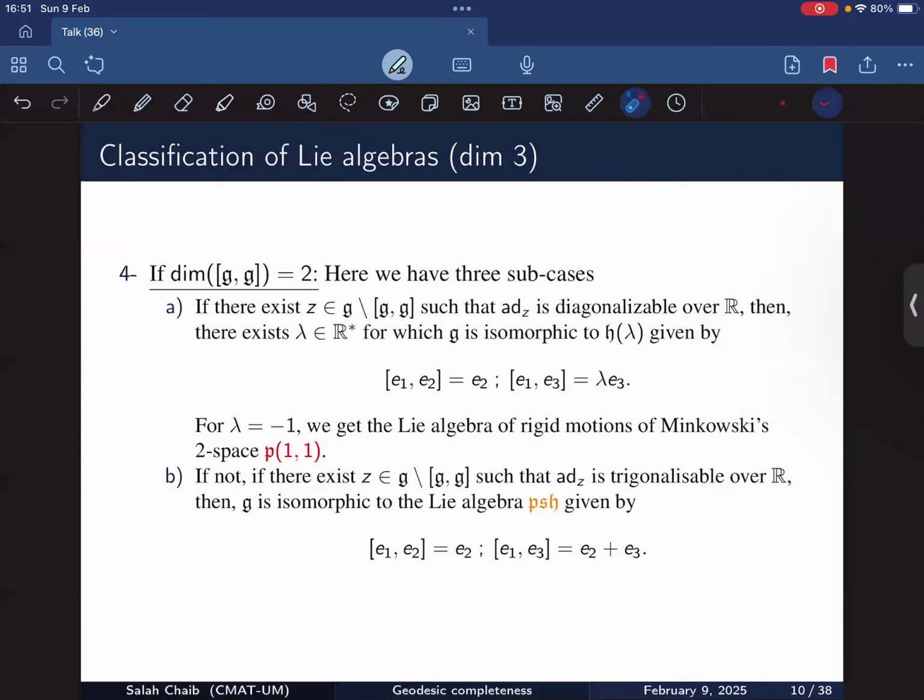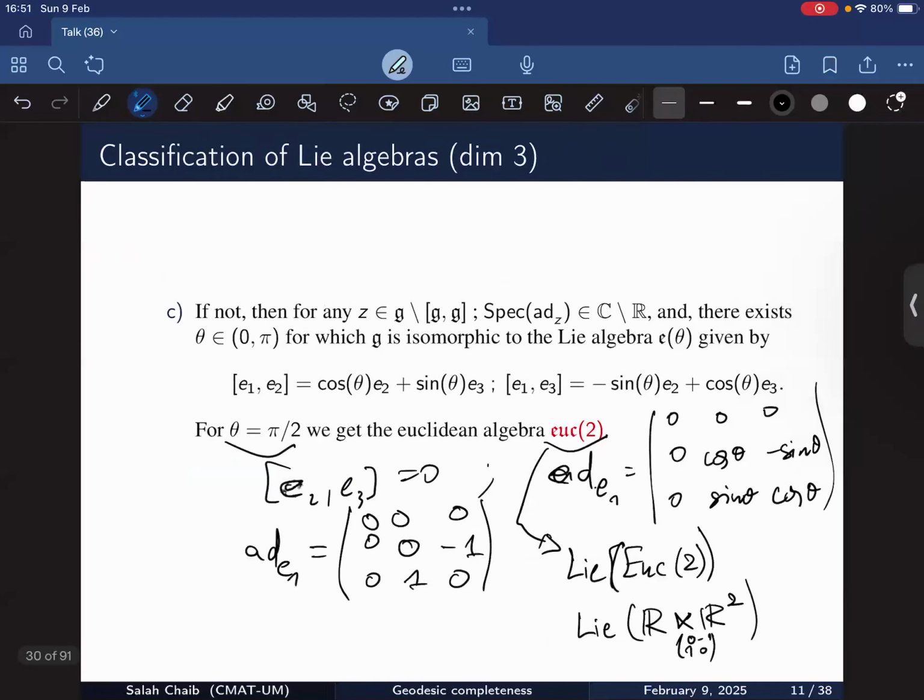Okay, so E2 commutes with E3, and the ad of E1 is written in this form. We have this Jordan block. Okay, so it's not diagonalizable over R. So I will come back to this.